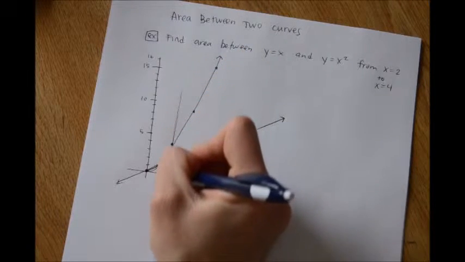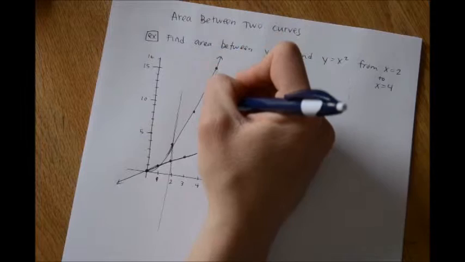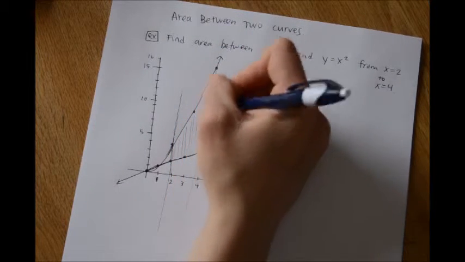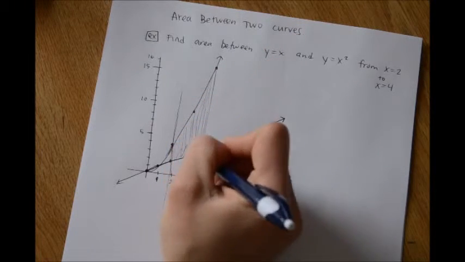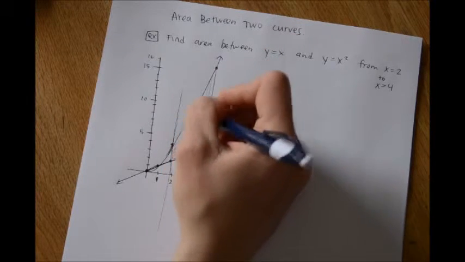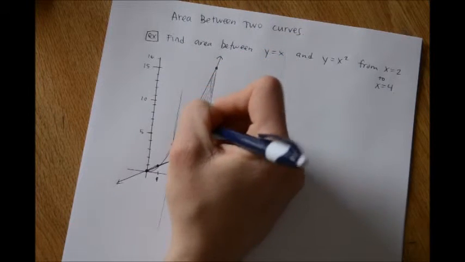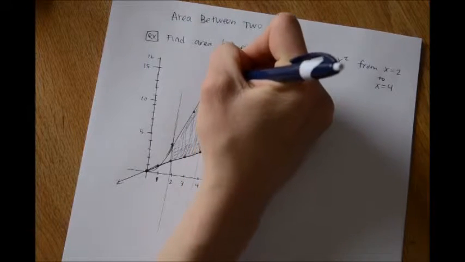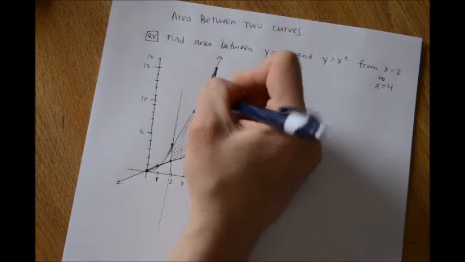So I'm going from 2 to 4, and this is the area that I'm trying to find between the two. Before, we just found the integral of the one equation, and that was telling us from the equation down to your x-axis what the area was.